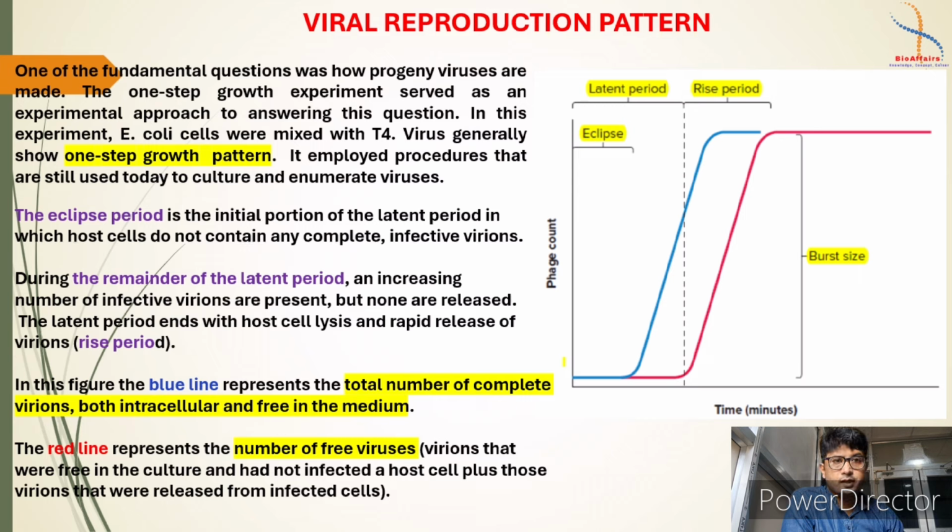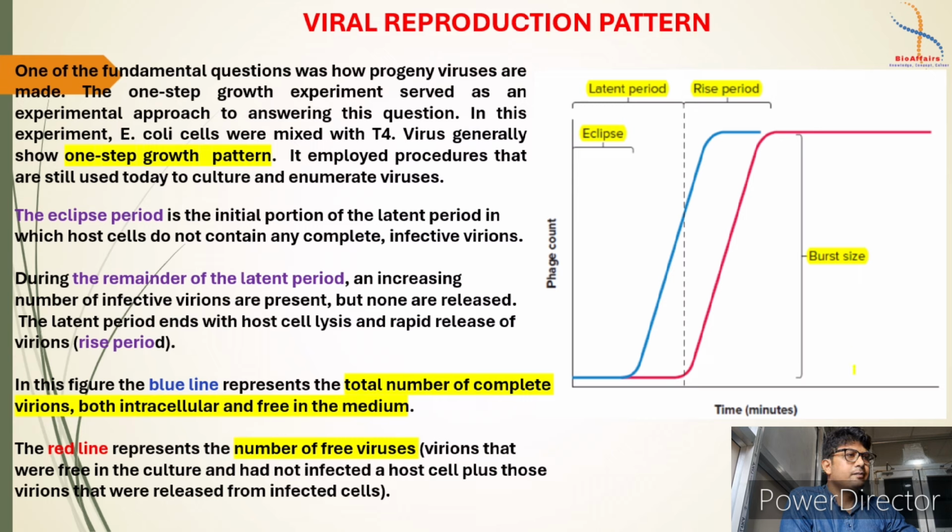So this is the pattern of their replication. You can say these are the 7 steps, and this is the total overview of the replication process. If a virus attacks a bacteria or an animal cell, this is what you will observe in vitro, how the graph will look if you are working with the virus.